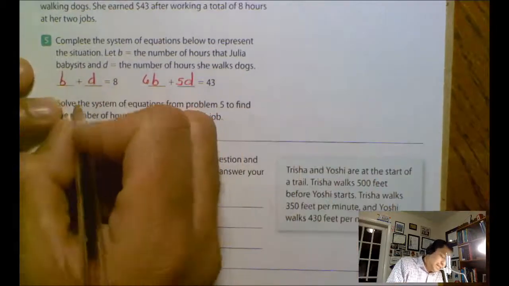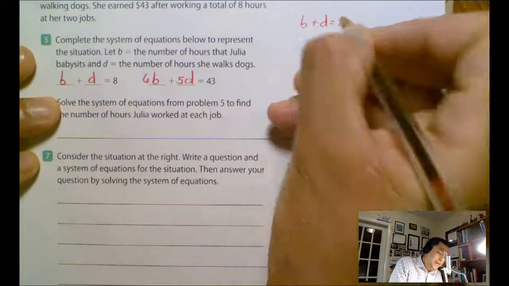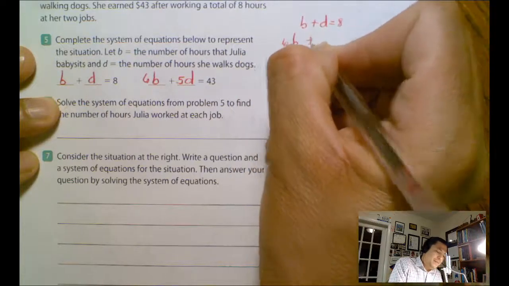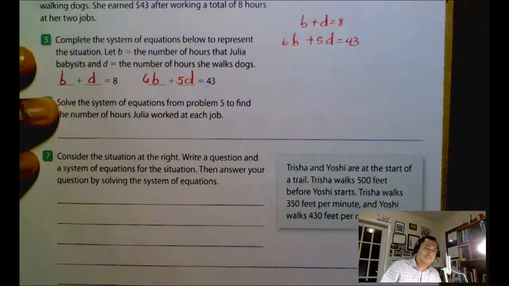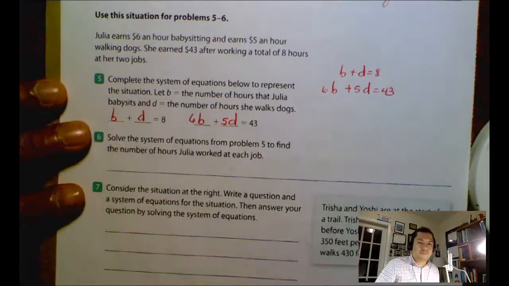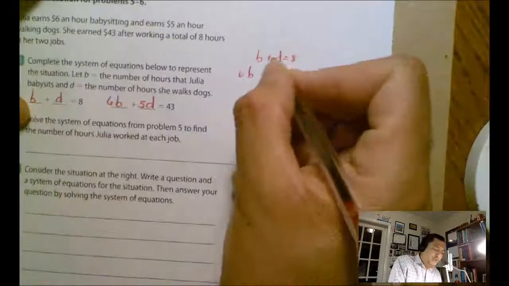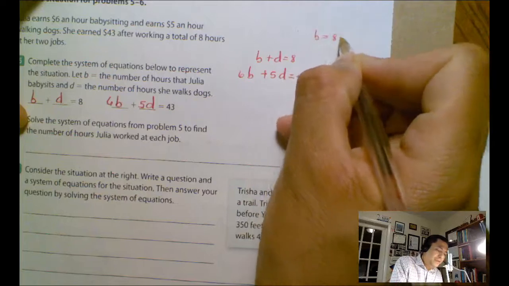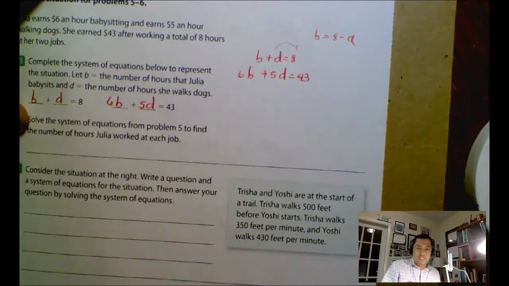So in this case, I have B plus D equals 8. Then I have 6B plus 5D equals 43. So in this case, remember that to solve by substitution, we need to isolate one of the variables. So I'm going to say that B equals 8 minus D. And what I did was move this D to the right side.